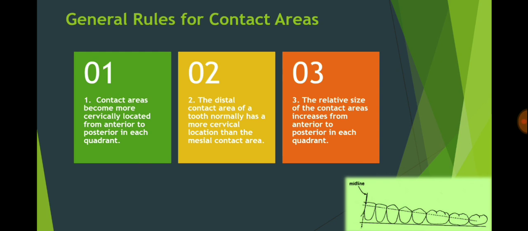Okay, that's because the mesial contact area, or the mesial height of contour, is a little bit more occlusally located compared to the distal height of contour, or the contact area. And the relative size of the contact areas increases from the anterior to posterior in each quadrant.